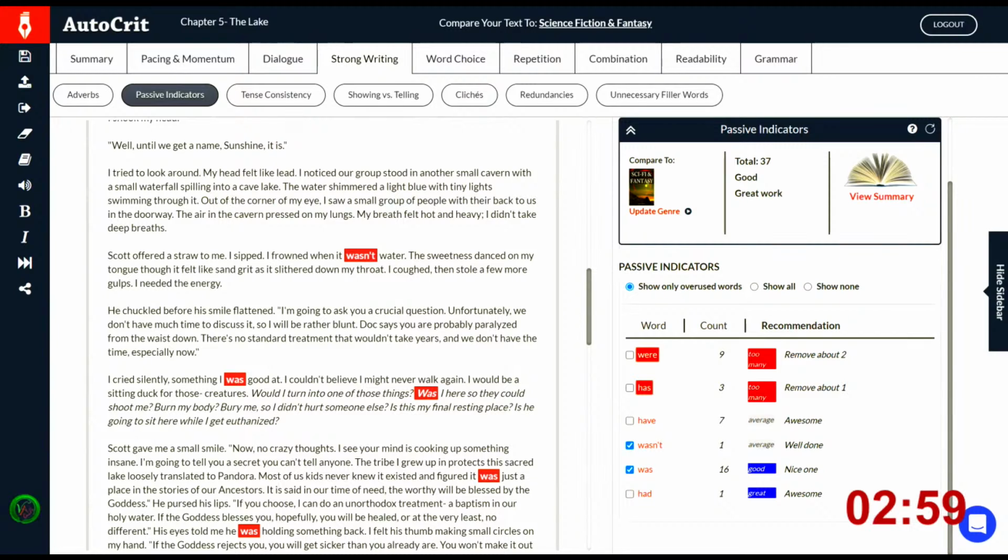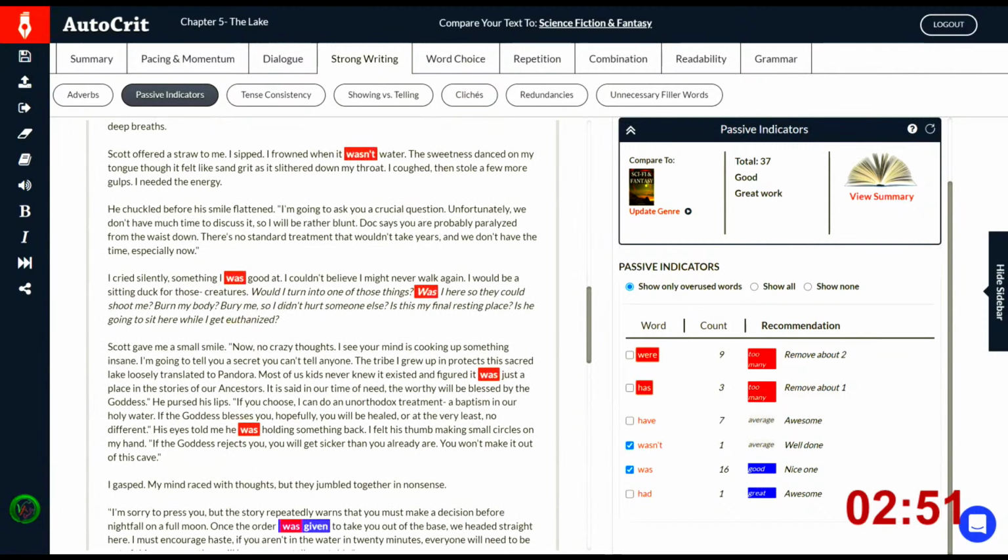The air in the cavern pressed on my lungs. My breath felt hot and heavy. I didn't take deep breaths. Okay. Scott offered a straw to me. I frowned when it wasn't water.